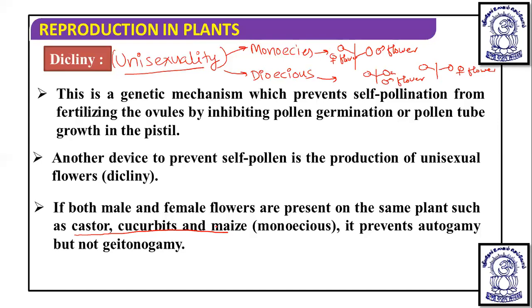Now here, the monoecious examples are castor, cucurbits, and maize. In castor, cucurbits, and maize, both male and female flowers are present on the same plant. So they can prevent autogamy because they are not present within the same flower, but they are present on different flowers of the same plant, so they cannot prevent geitonogamy. So in the monoecious condition, geitonogamy cannot be prevented, and it is one of the important statements with respect to questions.